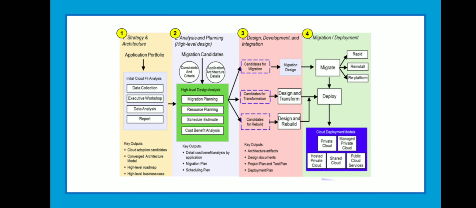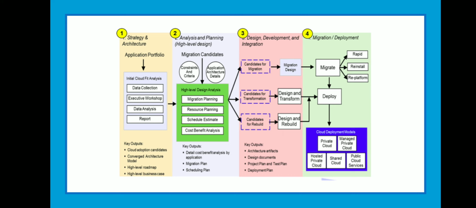For instance, whether it has to go to private cloud or public cloud. It also indicates the application affinity towards the type, for instance, infrastructure as a service, platform as a service, or software as a service, to take advantage of cloud services that are already provided by the vendor.